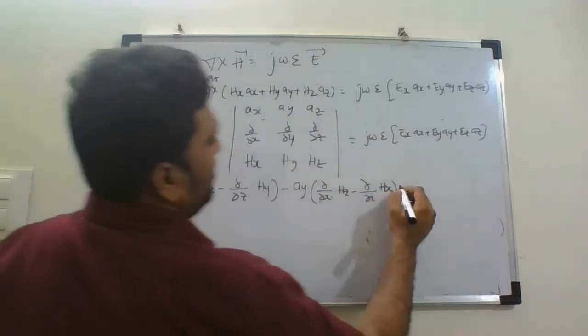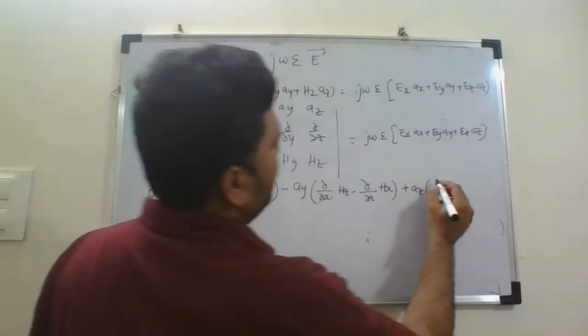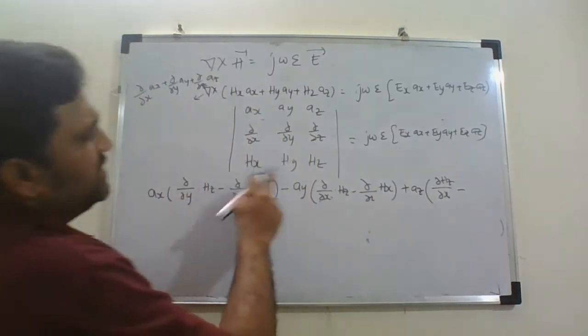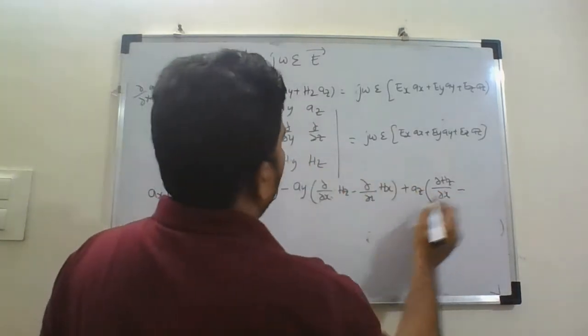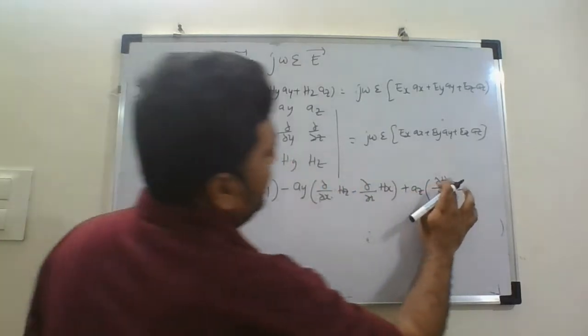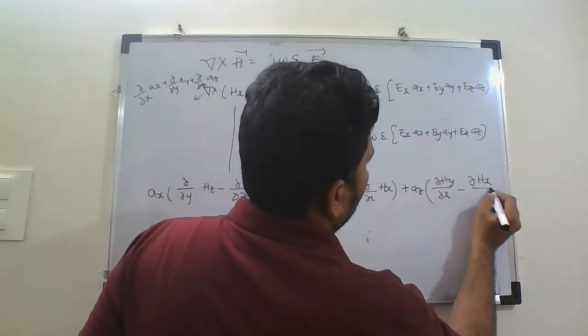Next, plus Az into the third term, which is ∂Hy/∂x minus ∂Hx/∂y.